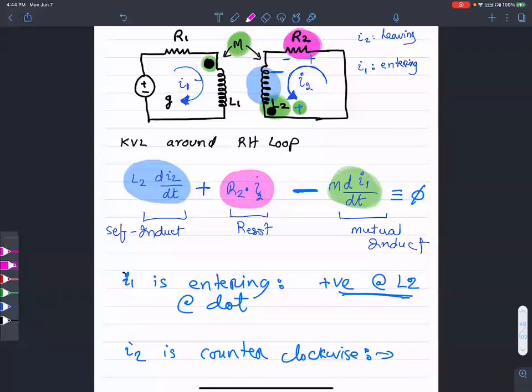There are three colors and three components here. The blue color is the self-inductance voltage drop, the pink color is the voltage drop in the resistance, and the green color is coming from the mutual inductance. So these are the total voltages dropped in this loop, and KVL says when you add them up carefully with the proper sign, they should equate to zero. Questions, please. Questions so far. Is everybody with me?